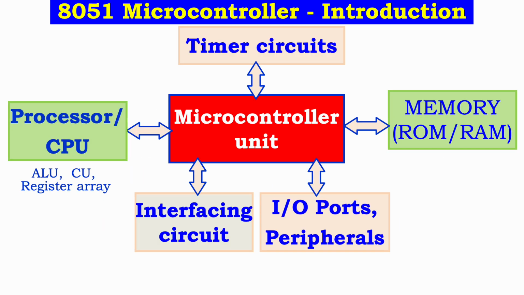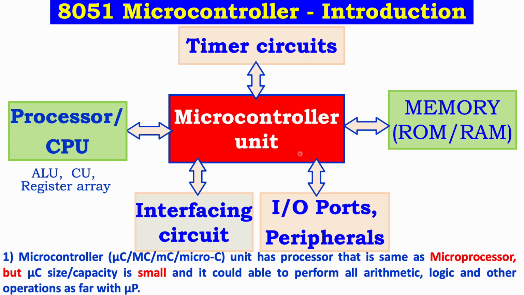Now let us see the block diagram of the basic 8051 microcontroller. We have seen in the definition, it has a simple three parts. One is the processor, next is the memory, and timers and interface devices. Let us see how all these parts of a microcontroller work for the 8051.